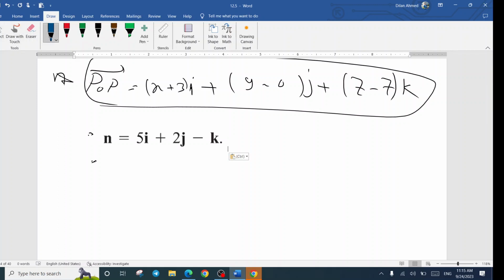Yalla. I have P naught P. Do you have a problem with it? You understand how I bring it? Good. Now I have what? By rule, I have this, am I right? To find the plane equation.